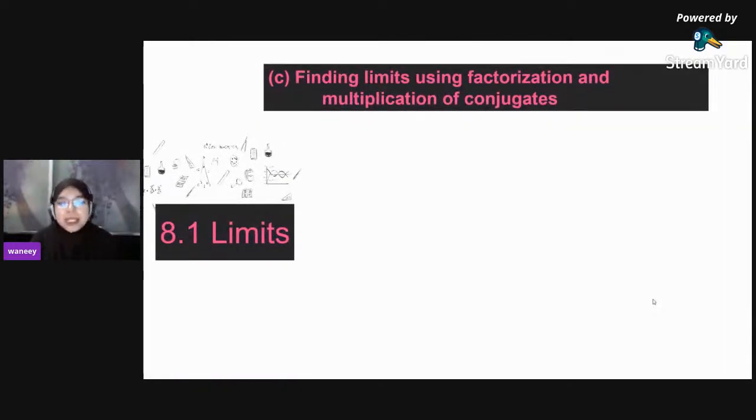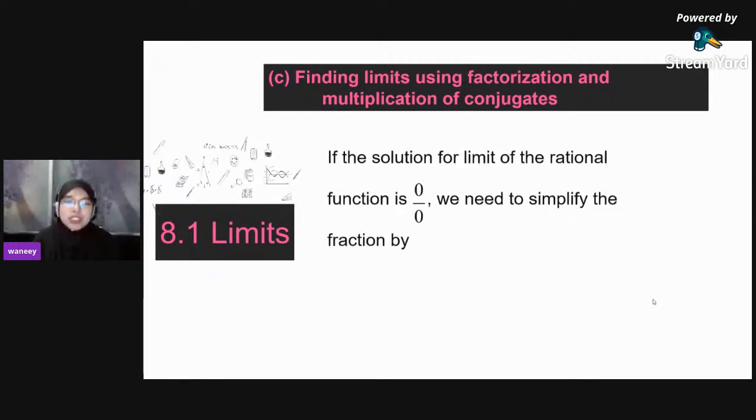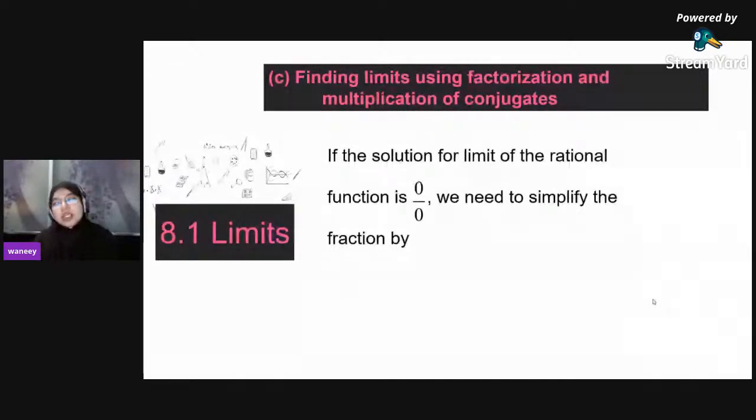Find the limit using factorization and multiplication of conjugate. If the solution for limit of a rational function is 0 over 0, that means we have a fraction, something like the limit as x approaches a for f(x) over g(x). If you have a fraction, you're going to separate your limit. We solve our numerator, we solve our denominator, and then all of a sudden you get 0 over 0.